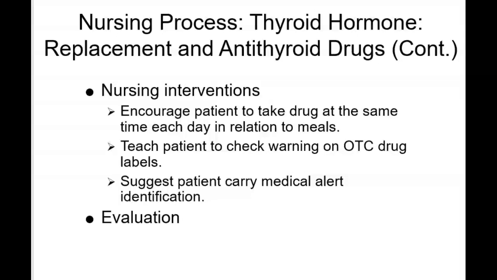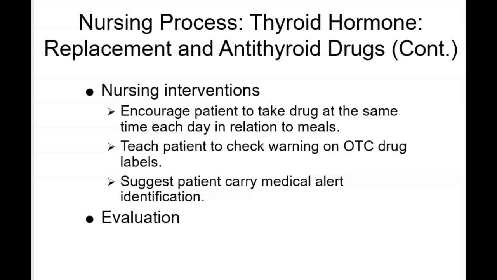Weight gain is commonly seen in patients with hypothyroidism because their metabolism is low. We want to monitor labs, including the CBC, CMP, liver function tests, and ECG. We want to report periodic TSH, T3, and T4, so we want to continue monitoring those throughout treatment.